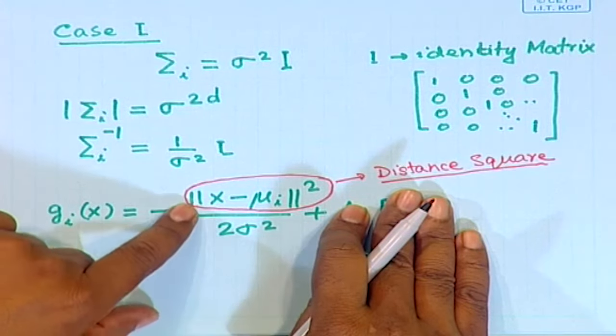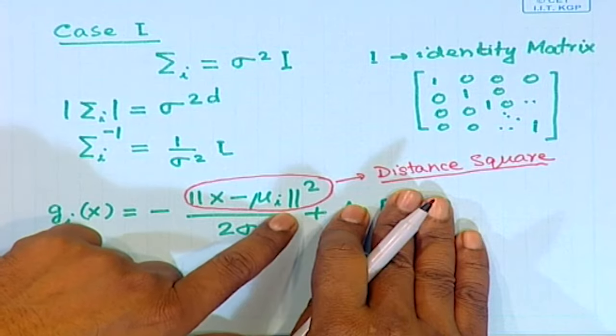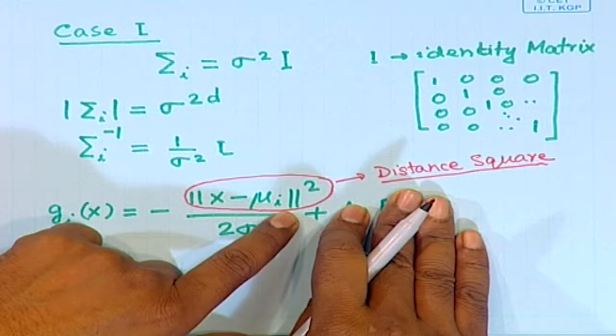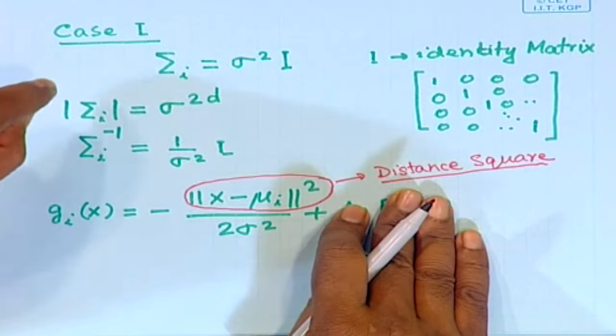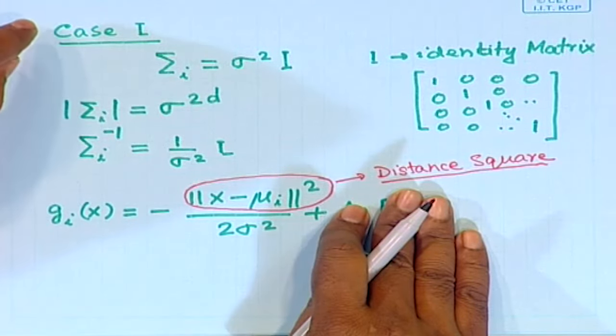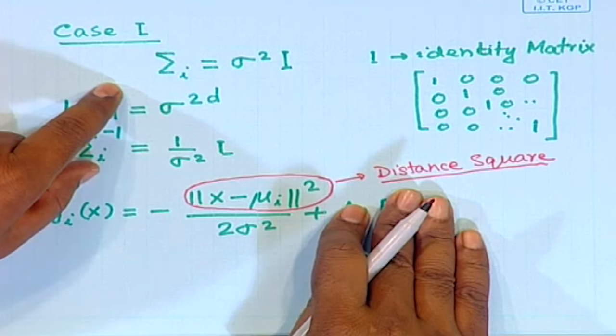So given a feature vector x, you simply compute its distance from the mean vectors of all different classes. And whichever distance is minimum, that is the nearest mean of the classes, this x will be classified to that particular class.